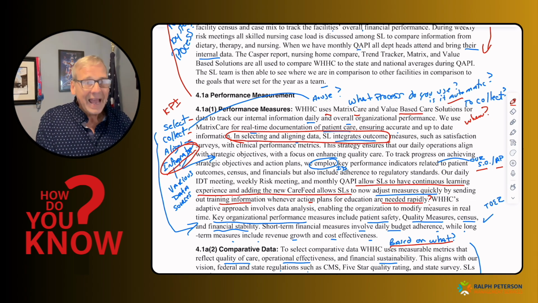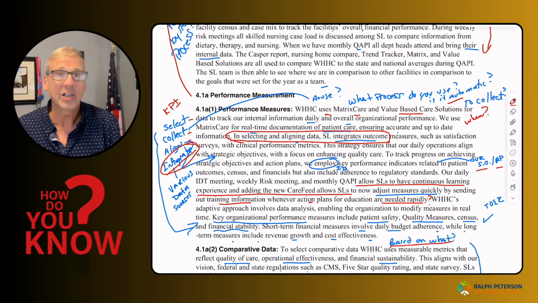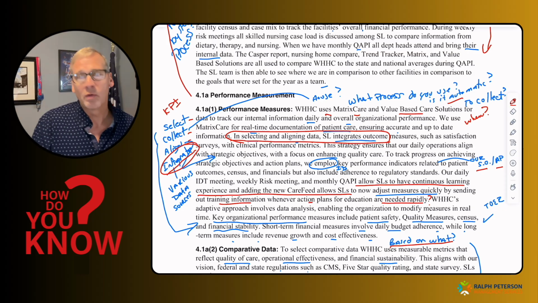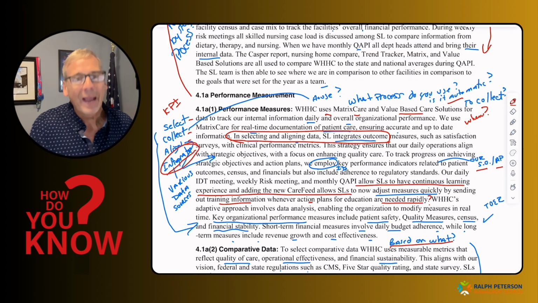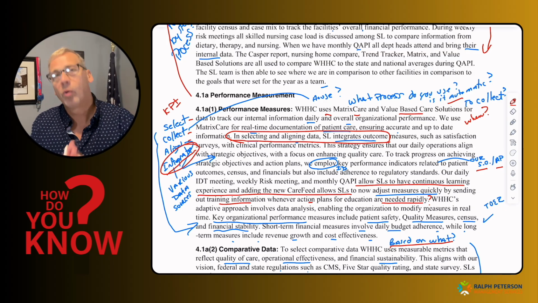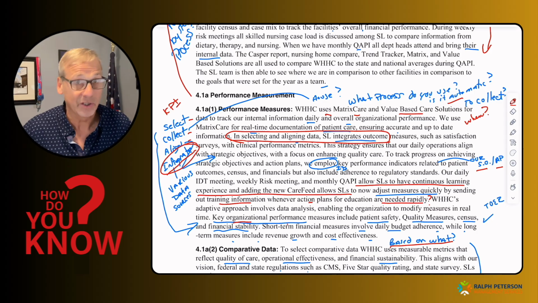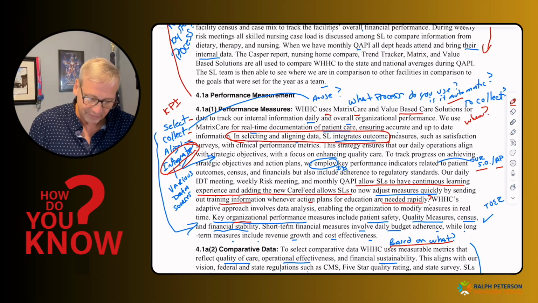So how do you select your organizational data that you use to review daily operations and overall operations? Well, you're selecting data based on what is important to you. And you told us already what's important to you. Your key organizational performance measures are patient safety, quality measures, census, and financial stability.